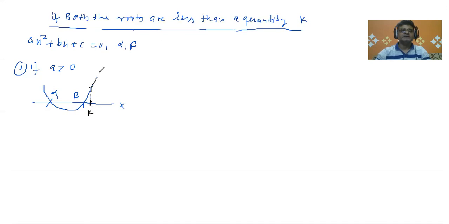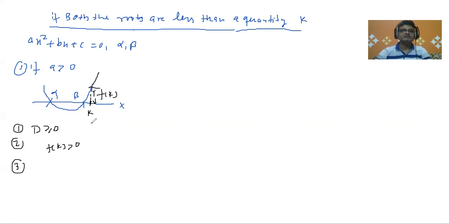So we can see that this length is fk, because both the roots are less than the quantity k. First of all, alpha and beta must be real numbers. Second, if I put k, fk should be greater than 0.